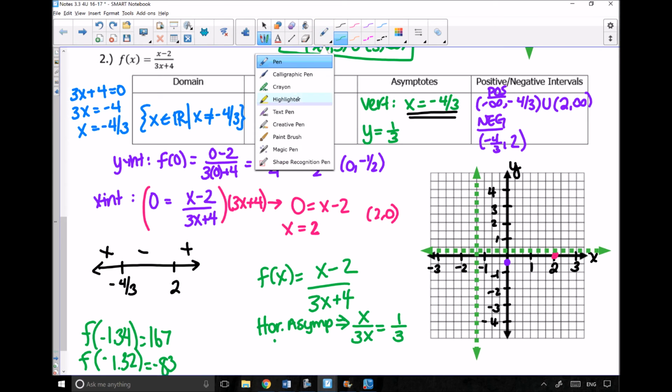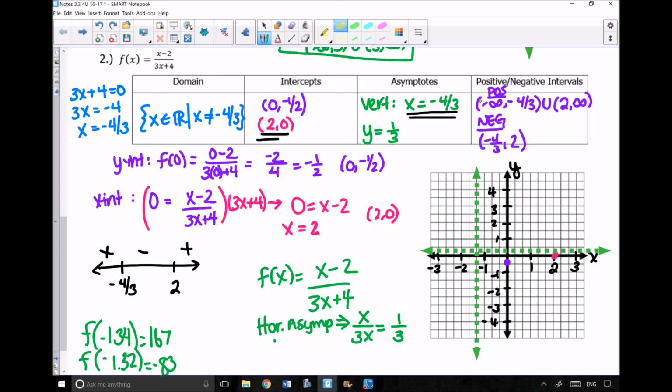Let me grab my highlighter and we'll use our positive and our negative intervals to figure this out. We know it's going to be positive everywhere from -infinity to -4/3. So it's going to be positive in this area right here. We know it's going to be negative until we get to 2. So it's going to be negative in this area, but then over here it's going to be positive. Okay?